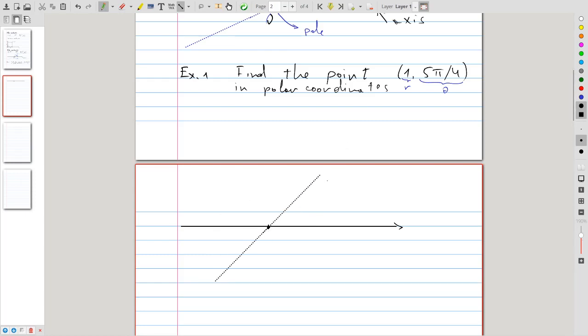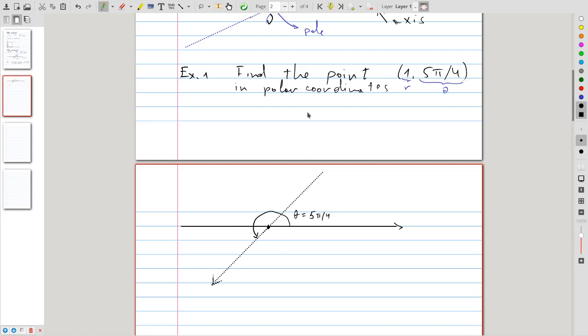So we have our axis positioned like so, and the positive direction is now over here, right? As we take our axis and rotate it like so, counterclockwise, by the angle theta equals 5 pi over 4. This is where we end up.